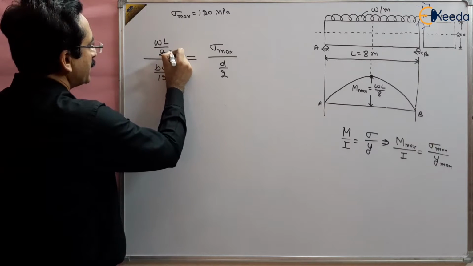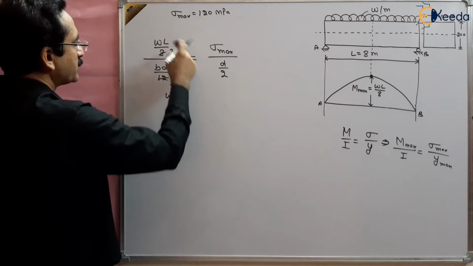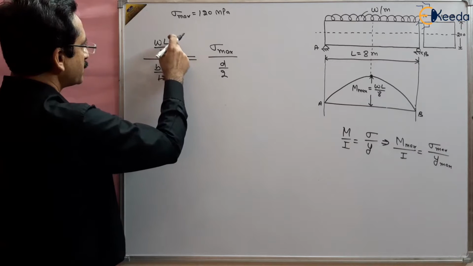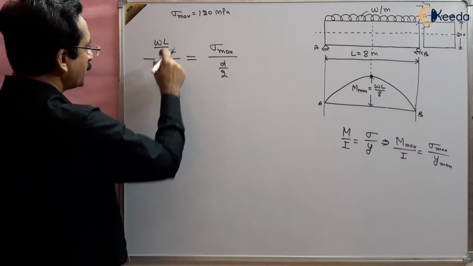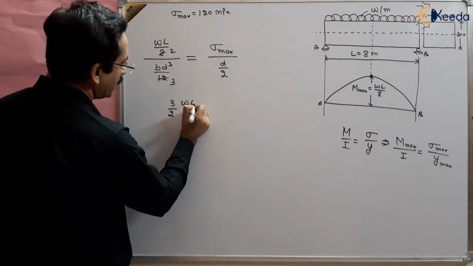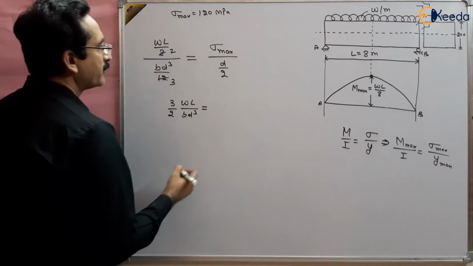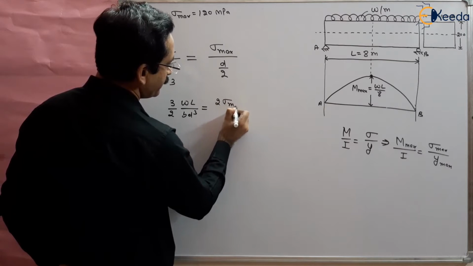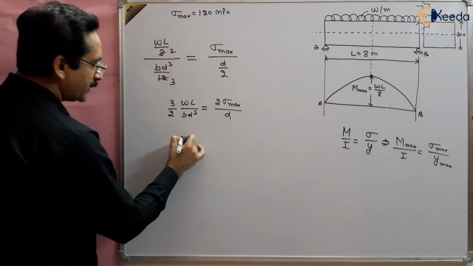You can solve it like this: 4 twos are 8, 4 threes are 12. This is 2 by 3, so it will become 3 by 2. This is WL by 2 and BD cube by 3, so it will come as 3 by 2 WL by BD cube, and that will be equal to 2 sigma max by D. So what will be the W?